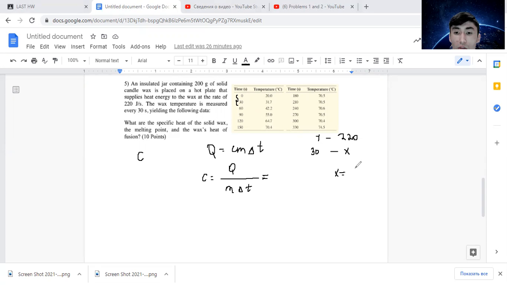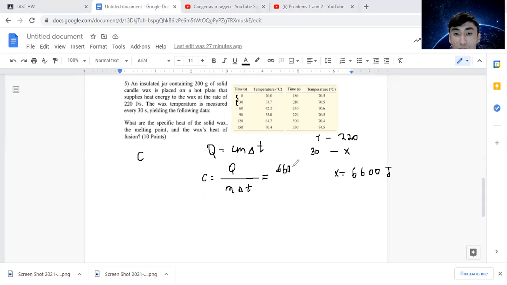So X equal to 6,600 joule. This heat was supplied to increase its temperature from 20 to 31.7.